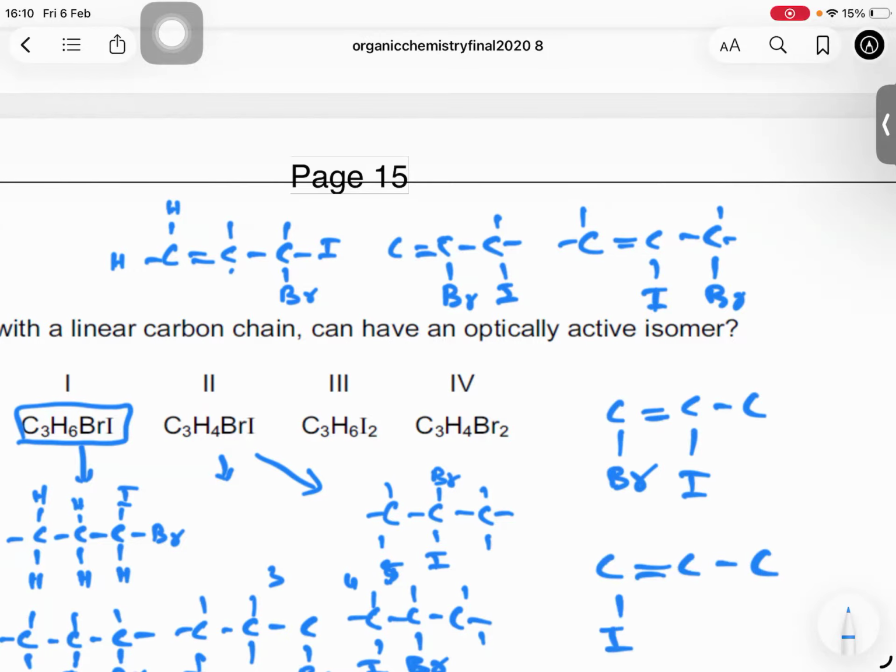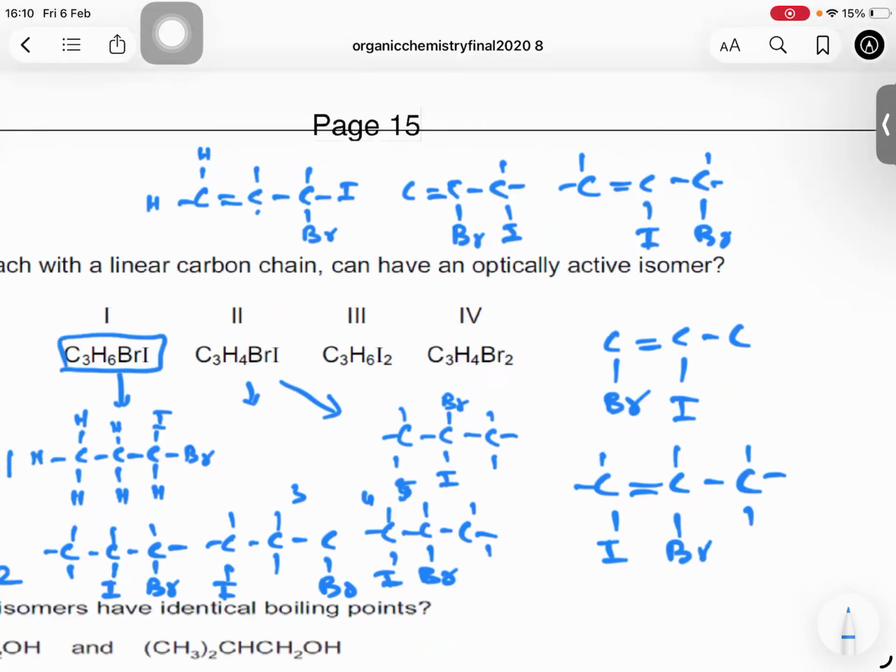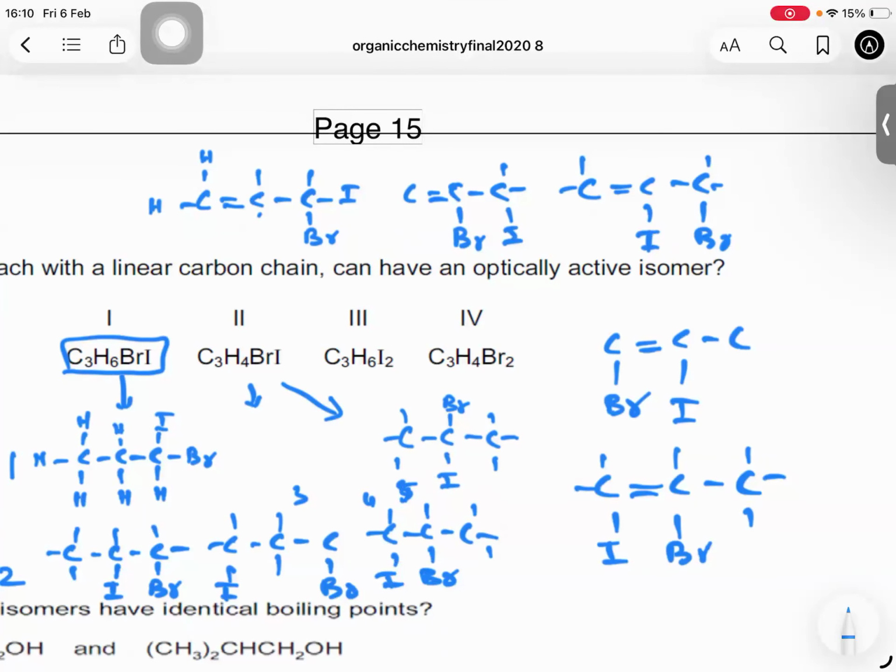This is I, and this is Br. So that is 5. If you switch the position of the double bond, you'll start getting the same things which we have got here, the last two.